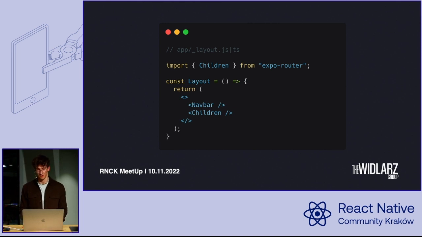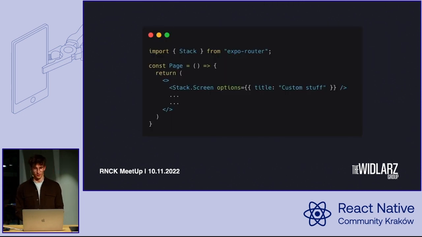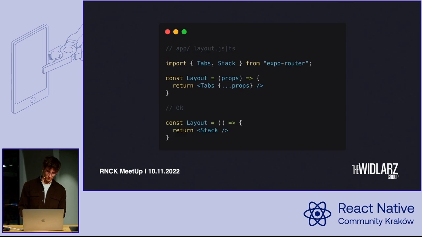So you could use it if you want to add some kind of navbar to a given set of screens. You can also use layout components to declare and instantiate, for example, stack navigators or bottom tabs navigators. Maybe let's go back for a while. You can also set up the stack navigators, for example.